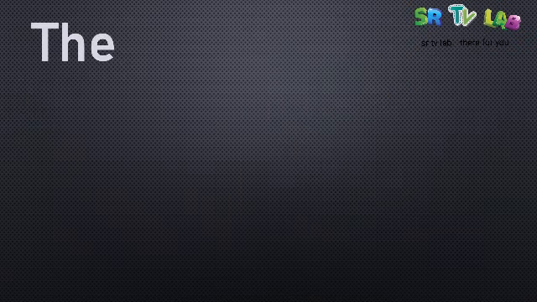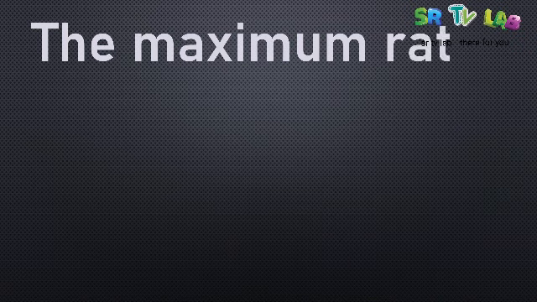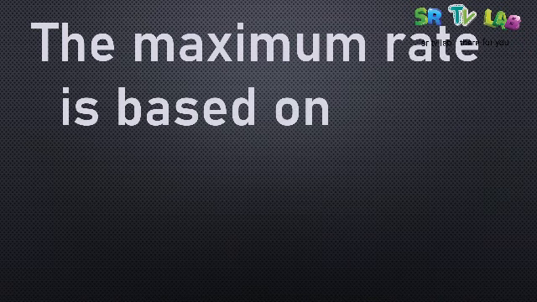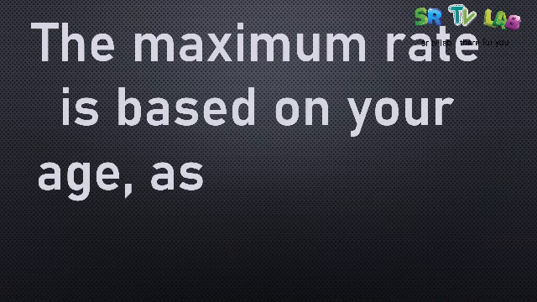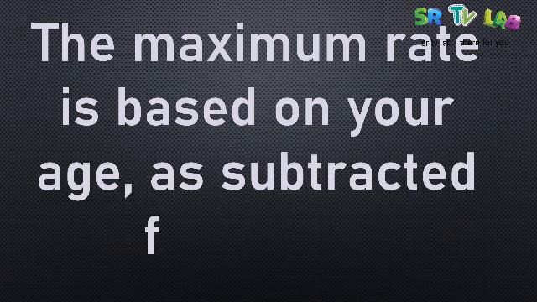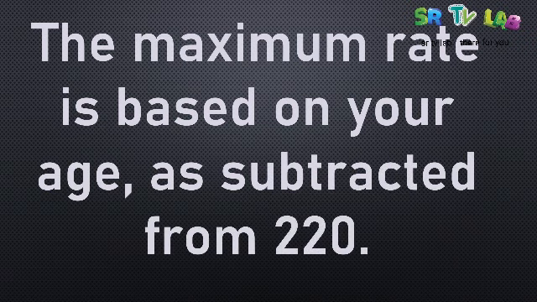Actually, the maximum heart rate is based on your age subtracted from 220. So we are going to see the formula for how to calculate the maximum heart rate based on age.